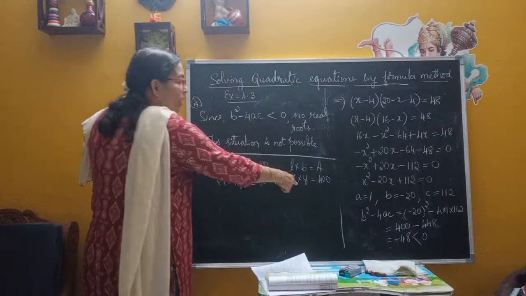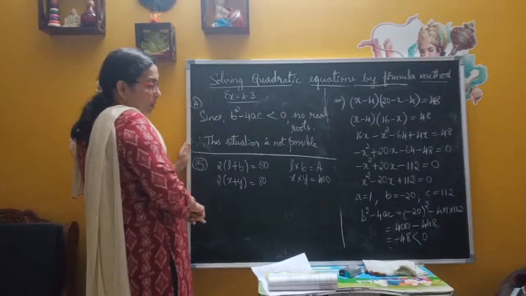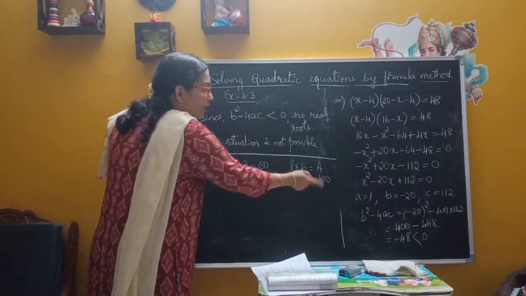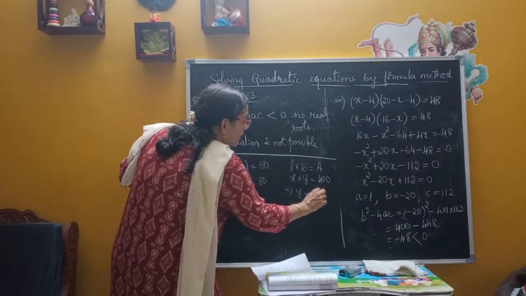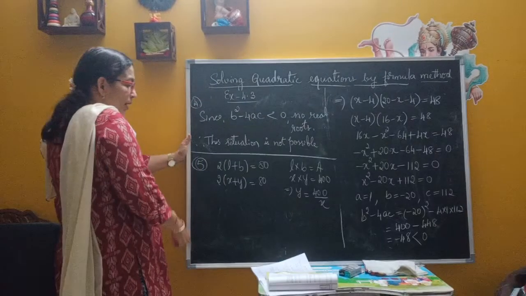Okay, so let us write any one of the terms in terms of the other term. Let me take y as dependent variable and x as independent variable. So I'll write y is equal to 400 by x.